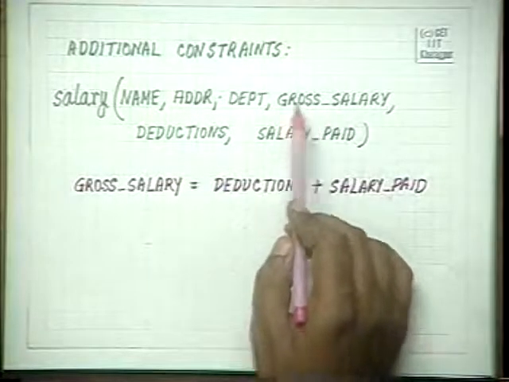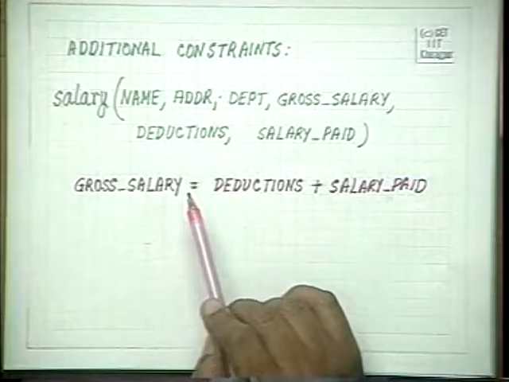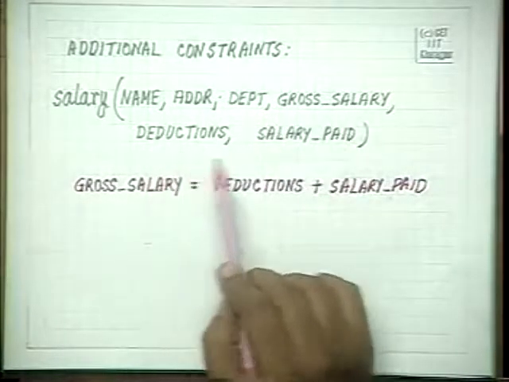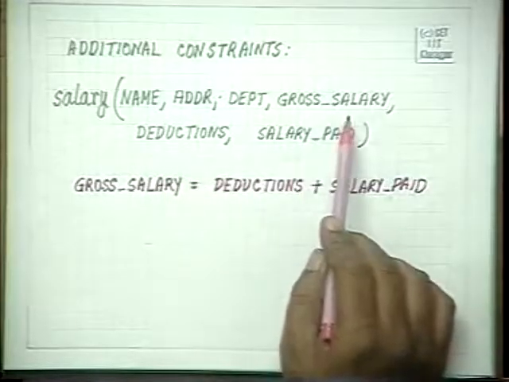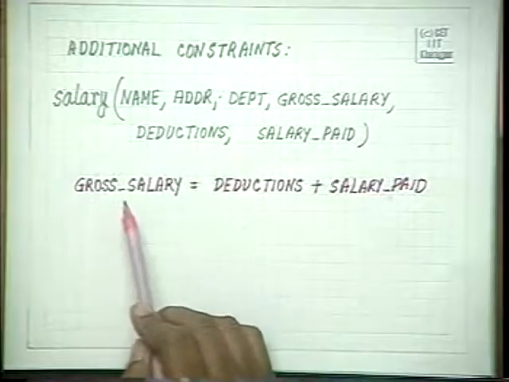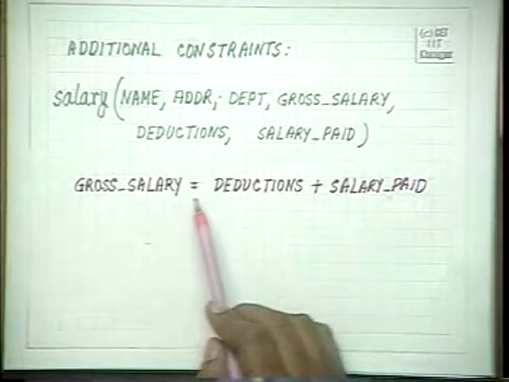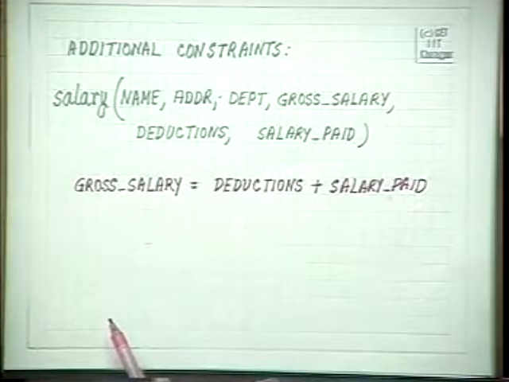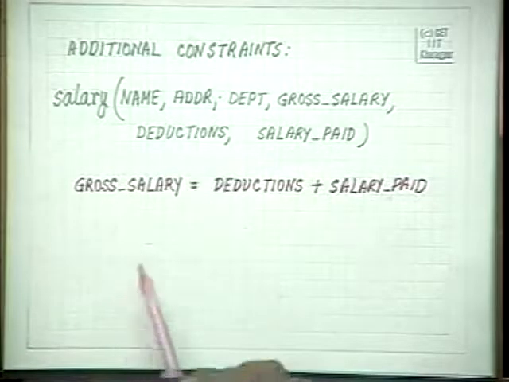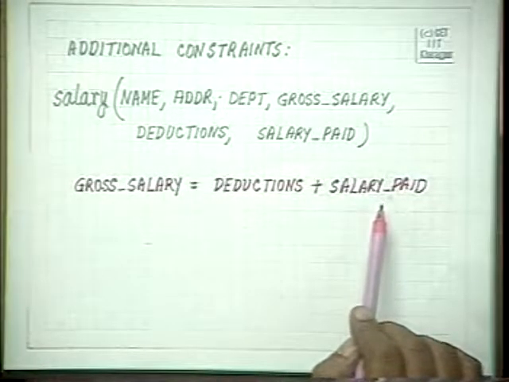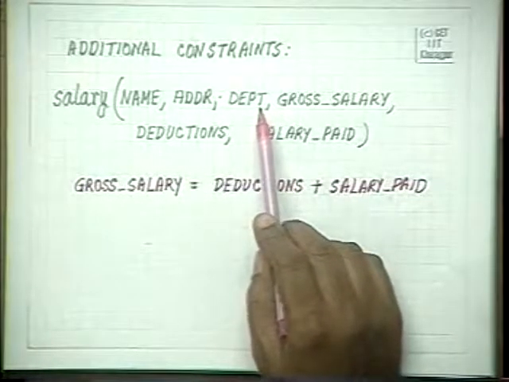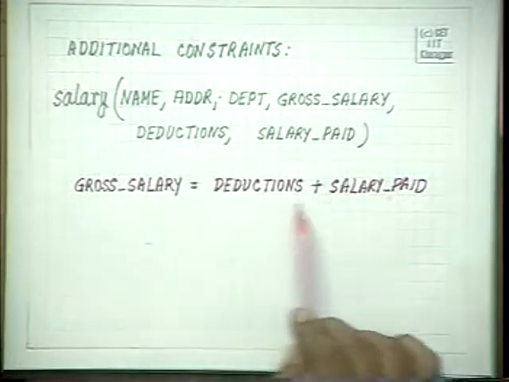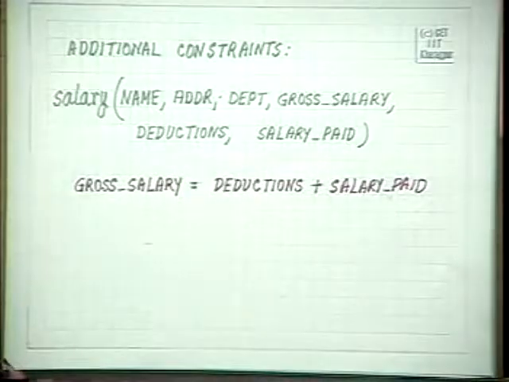In spite of specifying these domains, we may have some inter-attribute constraints which must be satisfied on the domains of the attributes. One of them is, for example, the gross salary must equal the deductions plus the salary paid. Now, this constraint must always hold. This cannot be specified by the type declarations, but this can be specified by additional domain constraints.